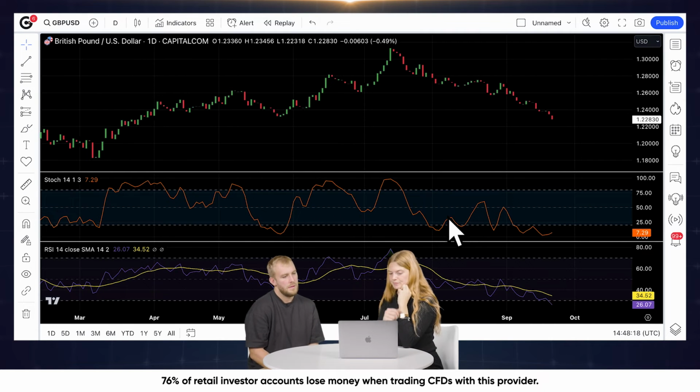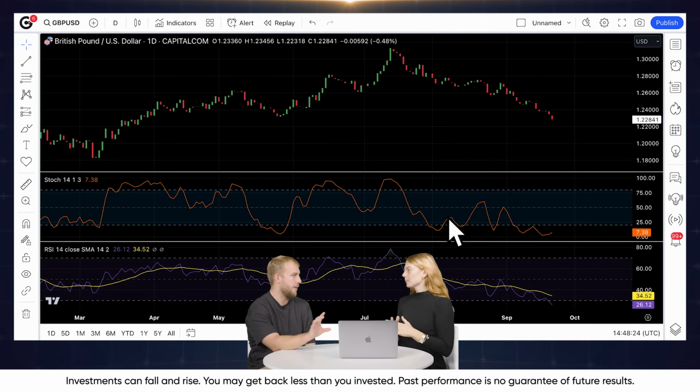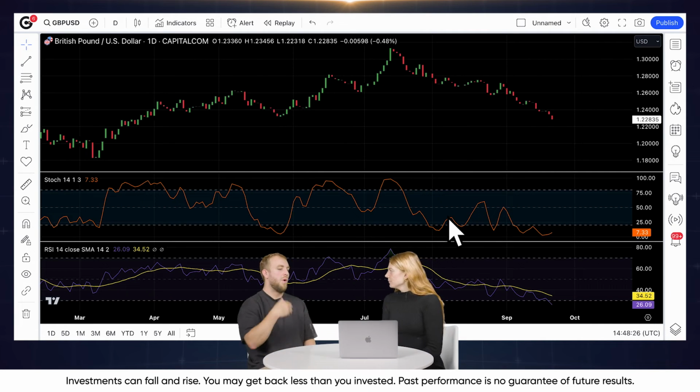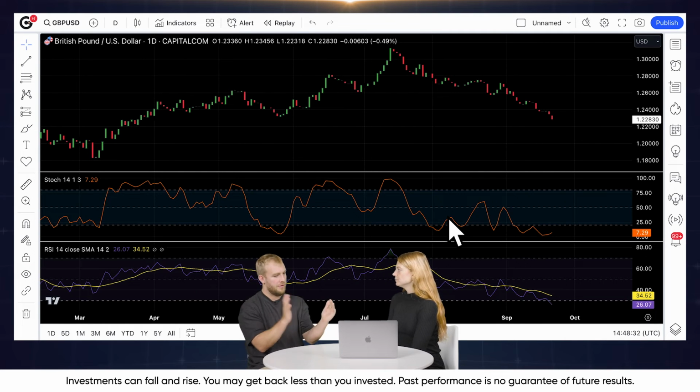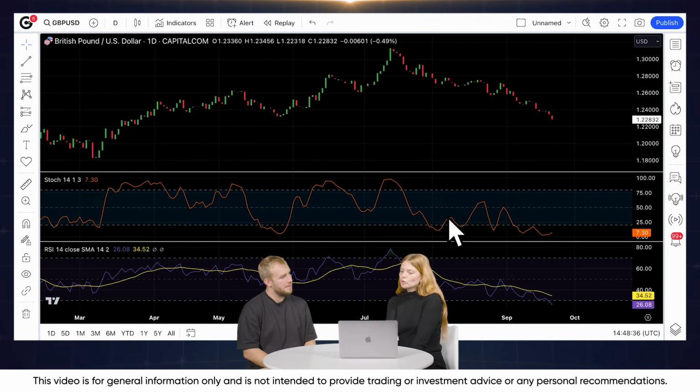Okay, cool. Because I've tried the RSI when I've been playing around on the charts, and when I change to a different time scale, the RSI seems to change. What are the differences between the time scales? So usually on a shorter time frame, it's going to be more sensitive.